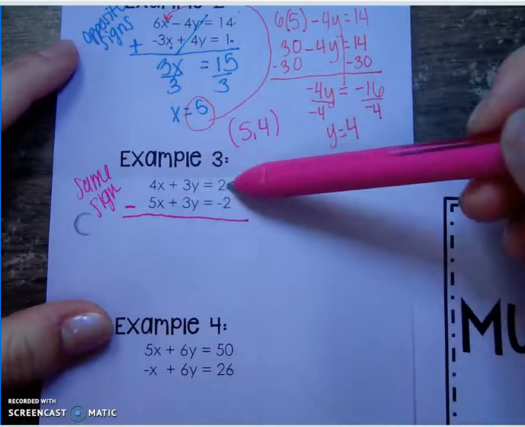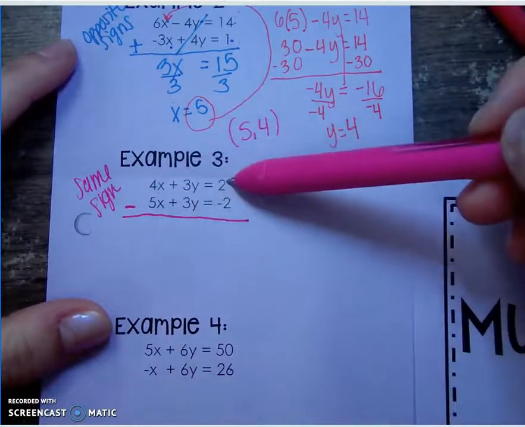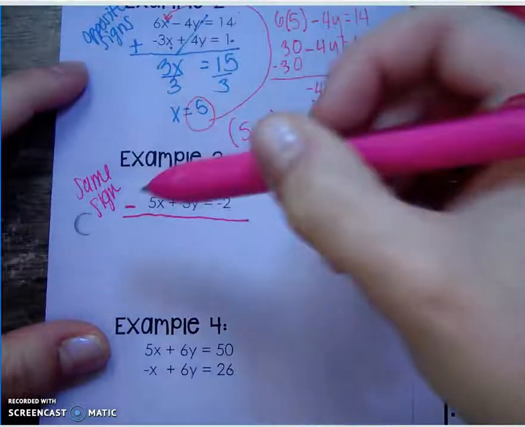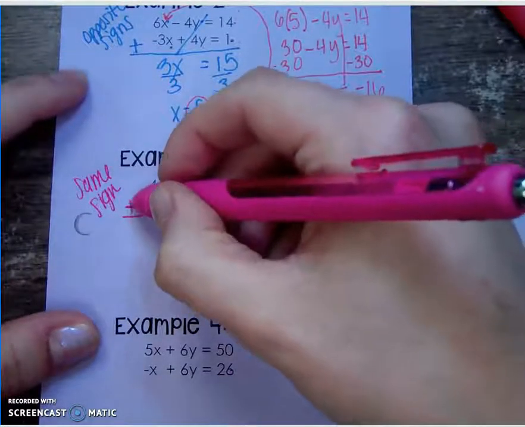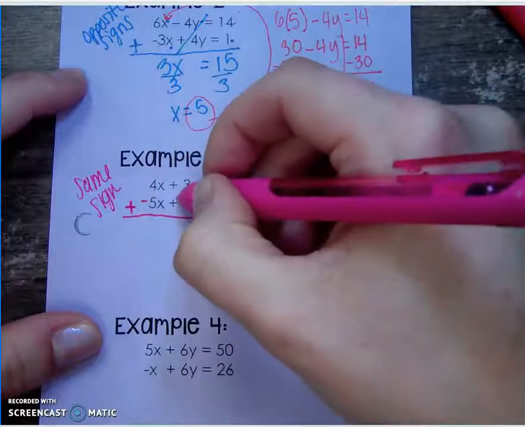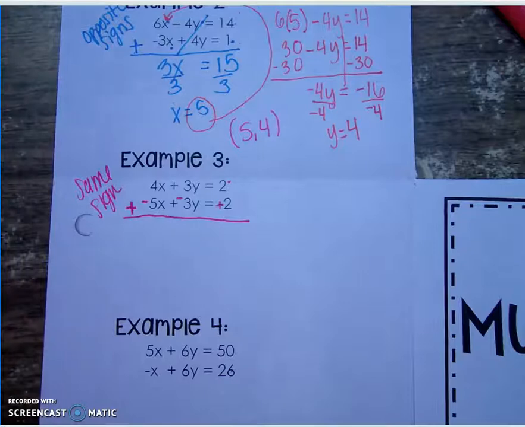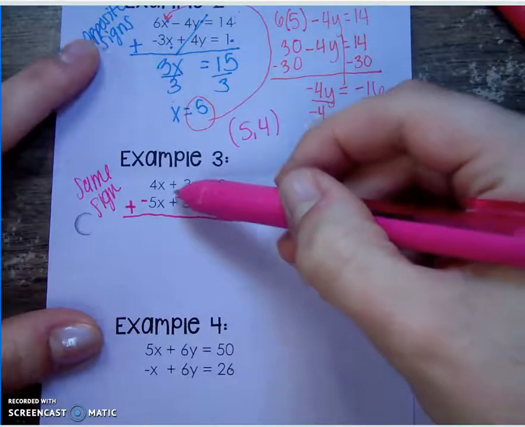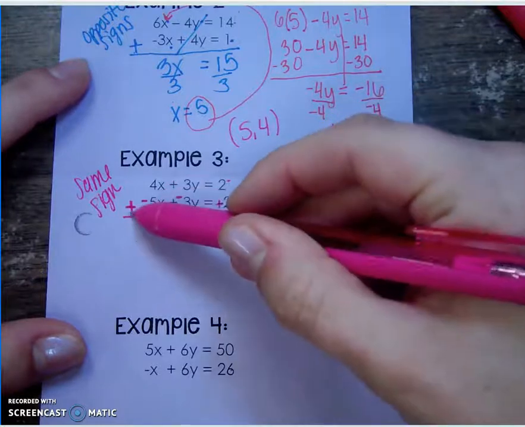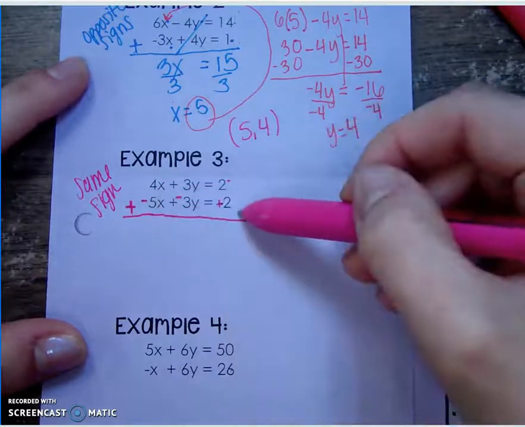Keep the first thing the same, so we're going to keep the top, change the subtraction to an addition, and change all of the signs of the bottom. If they were positive, we're making them negative. If they're negative, we're making them positive. And continue. So now I'm going to be adding since I changed all those signs.